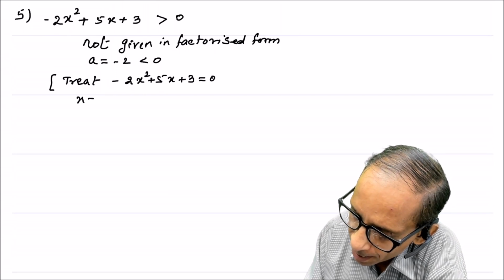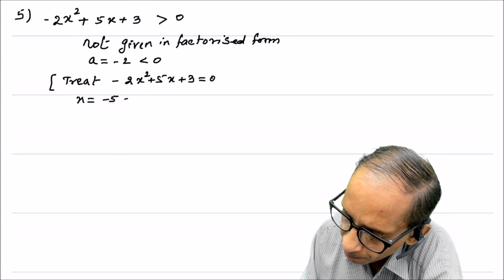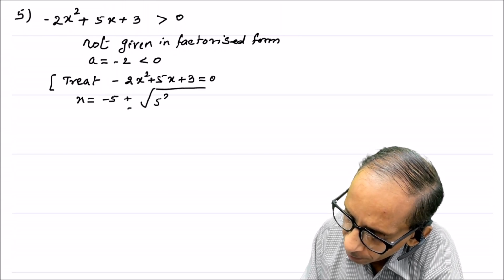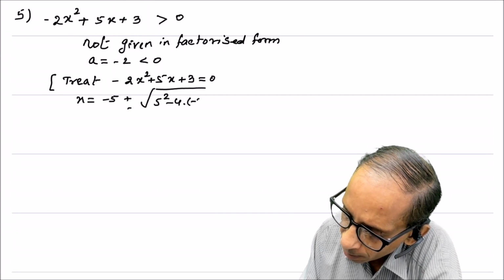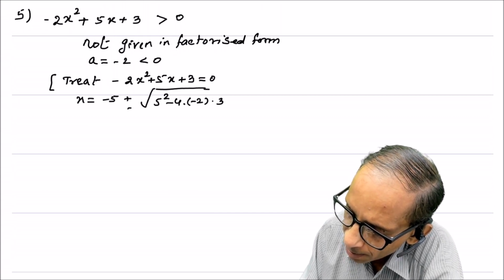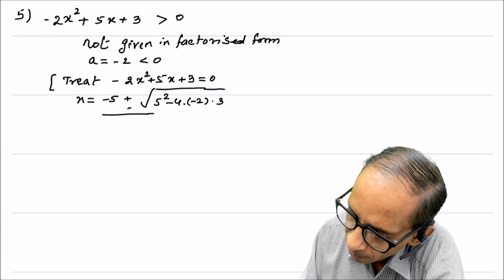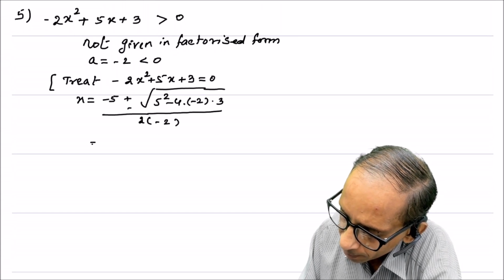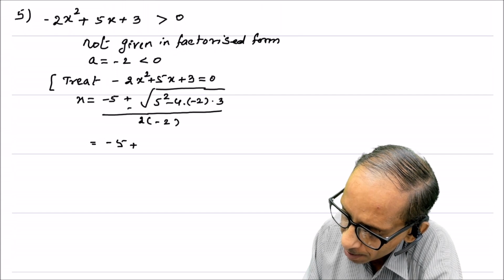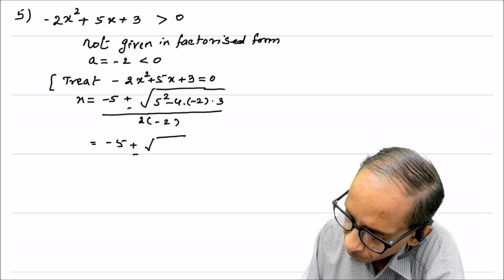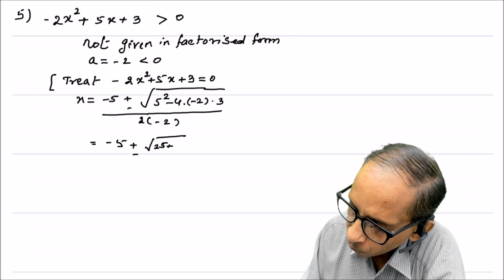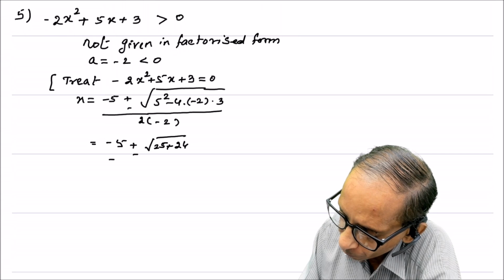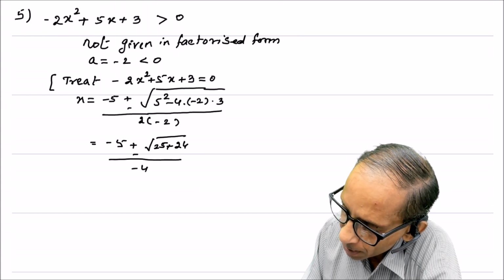What we get is x equals minus b plus minus under root b square minus 4ac, upon 2a, that is minus 5 plus minus root of 25 plus 24, divided by minus 4.